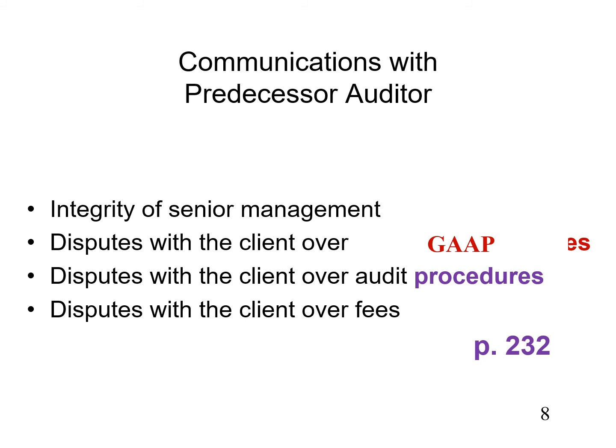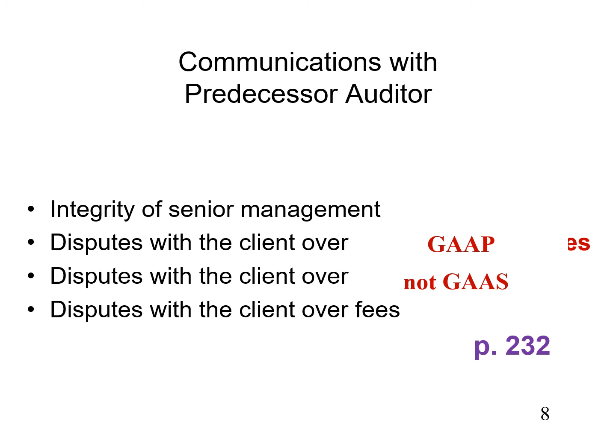Disputes with the client over audit procedures. Management won't let us do some of the procedures we feel we should do to perform an acceptable audit. I don't want to see GAS here. It's audit procedures.